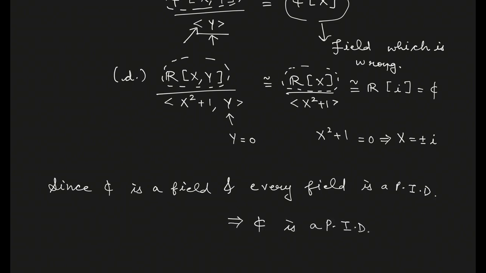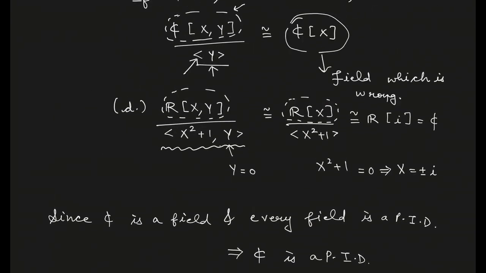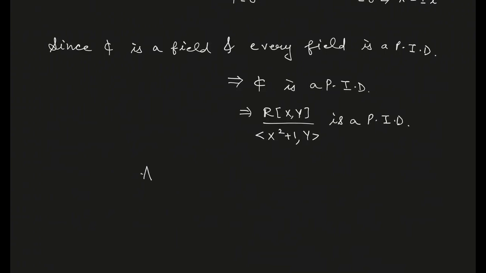Now C is a PID and C is isomorphic to the given quotient ring, R[x, y] upon ideal (x square plus 1, y). This is a PID. So option D is also correct. So the answer for this question is option A and D.